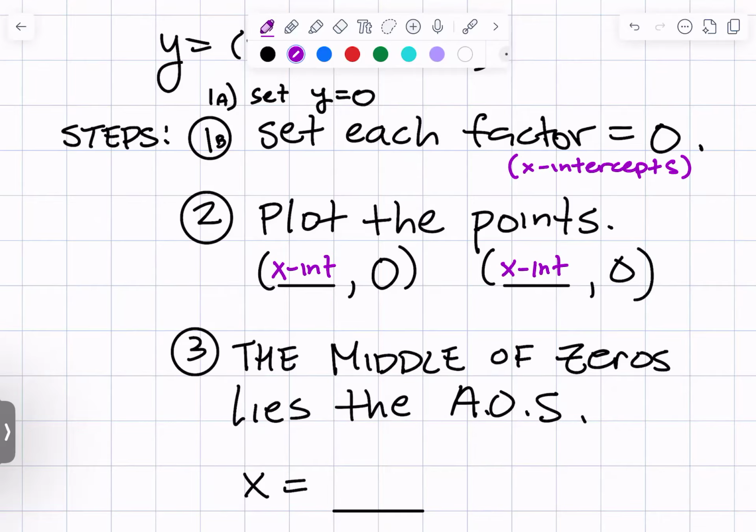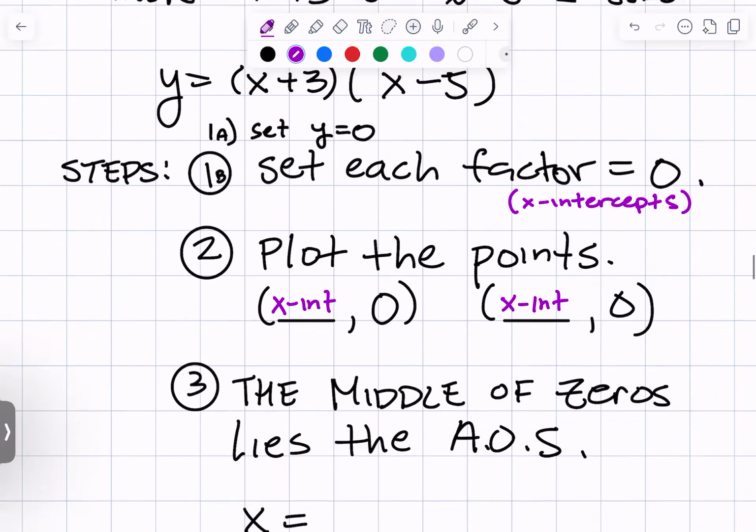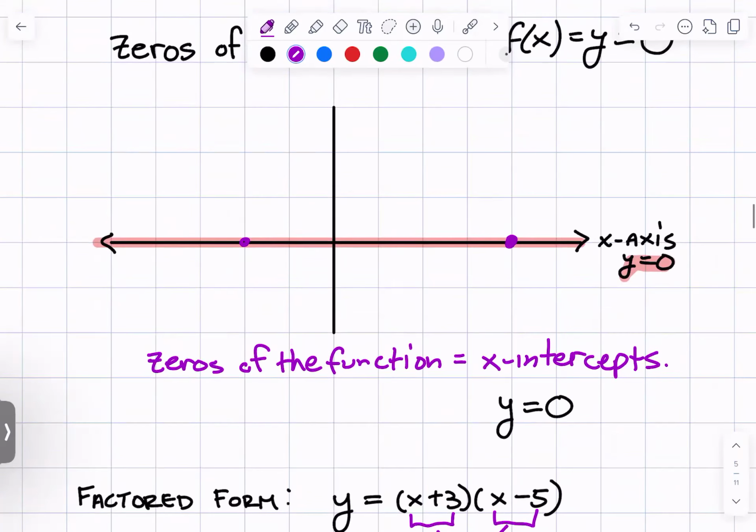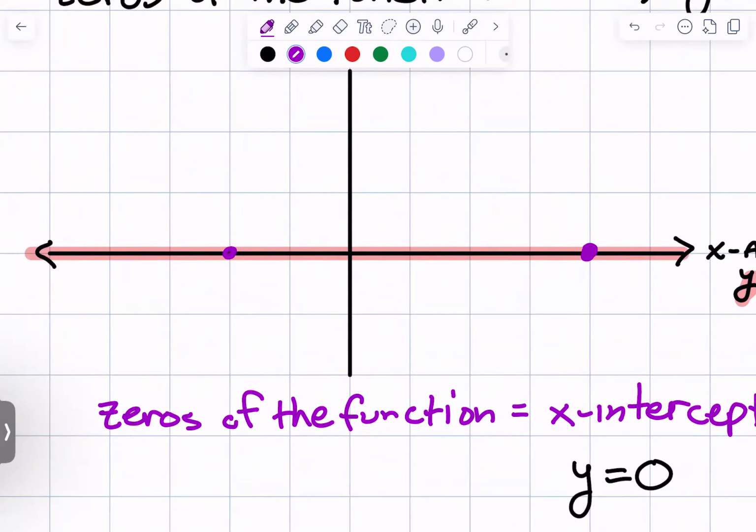All right? And my next step, class, going back up to my graph here, okay? I know that these 2 points will be a part of my parabola, wherever I graph it, right? Yeah, these 2 points will be along the parabola, yeah? And notice that they're directly horizontal from each other, yeah?